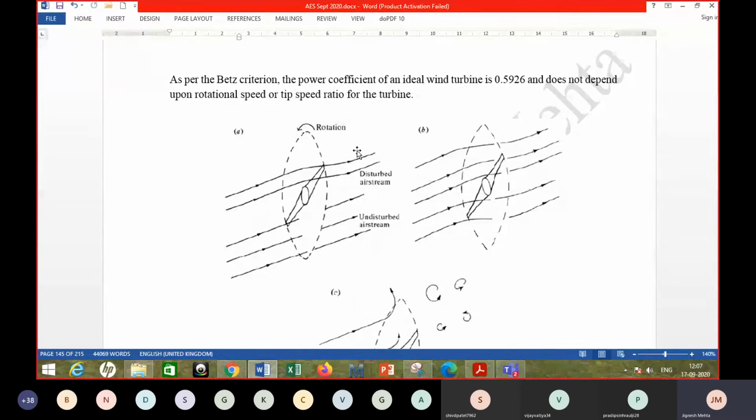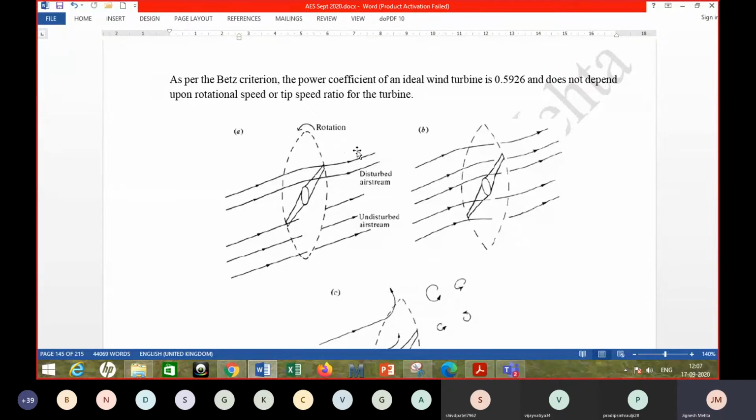As shown in the first figure A, when you are talking about Betz's theorem, there is no effect of the presence of the actuator disk on the flow of air. Or in other words, it is assumed that the flow of air is undisturbed while the power is being tapped from it.